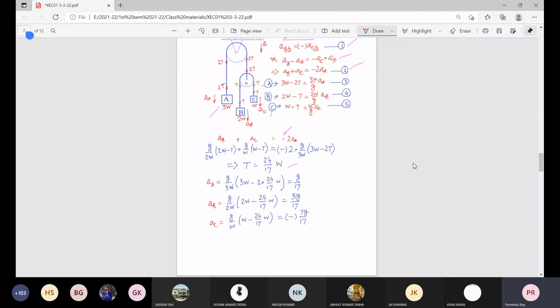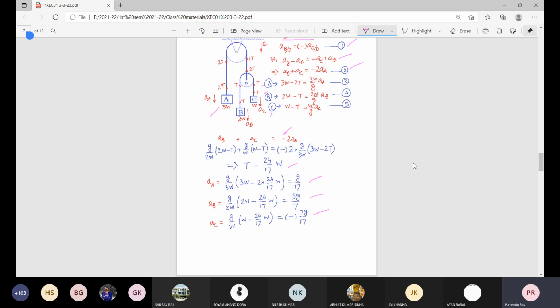T is not required, but we use this T value to get the values of the individual accelerations AA, AB, AC, etc. And we get these accelerations: 1/17 of g, 5/17 of g, and AC is negative.